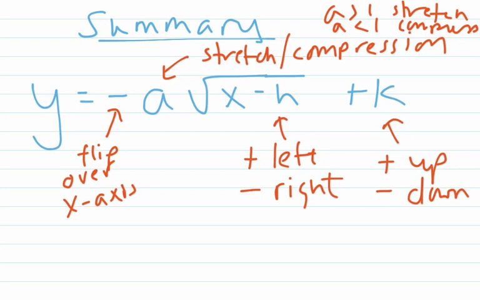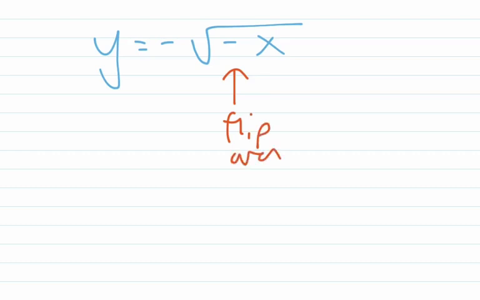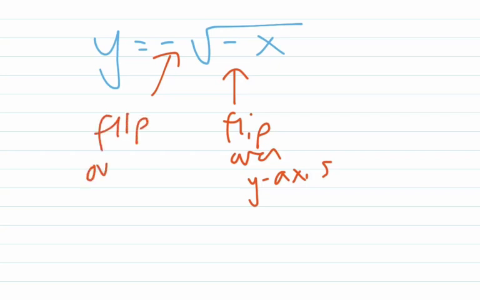Now, here's what changes. If you have a negative on the inside, this is going to flip it over the y-axis. So the negative on the outside is a flip over the x-axis. A negative on the inside is a flip over the y-axis.